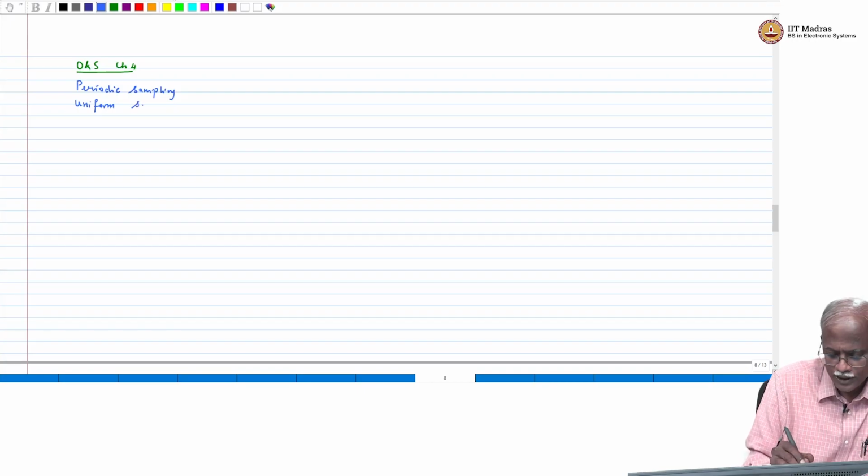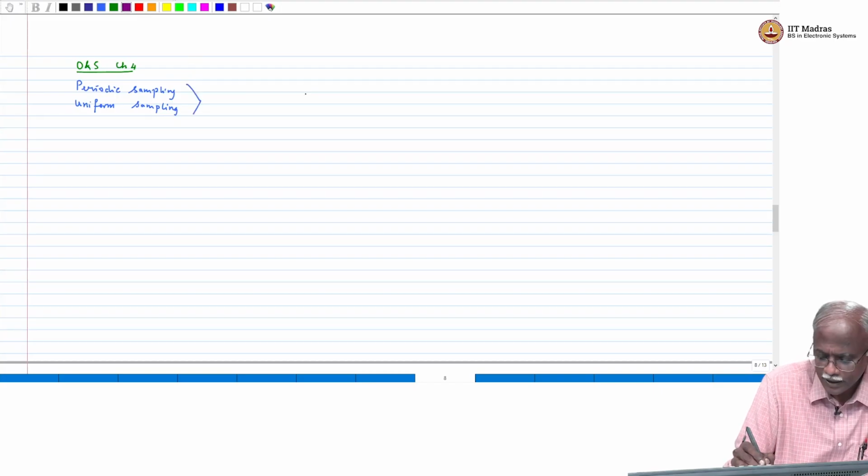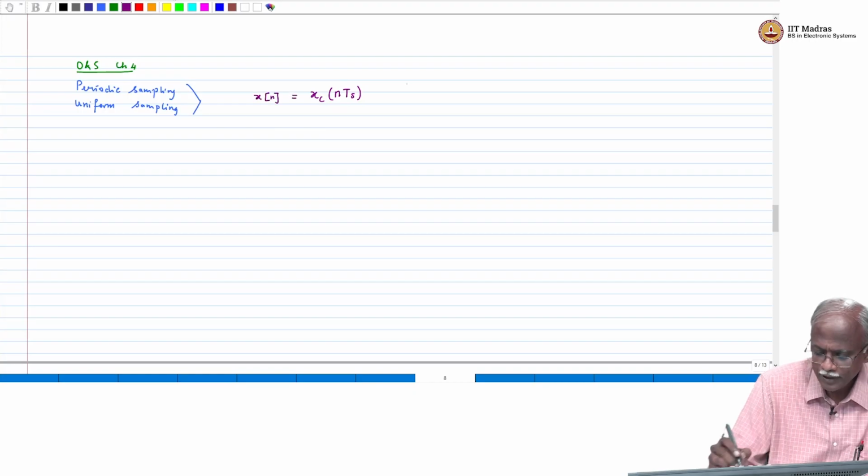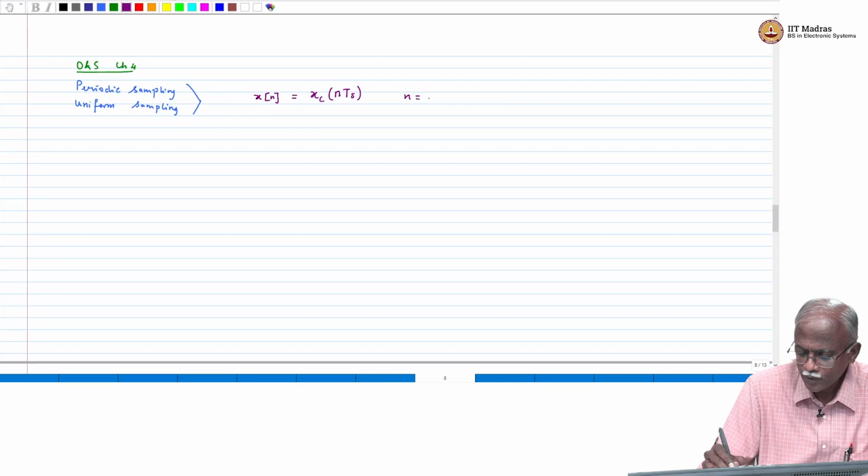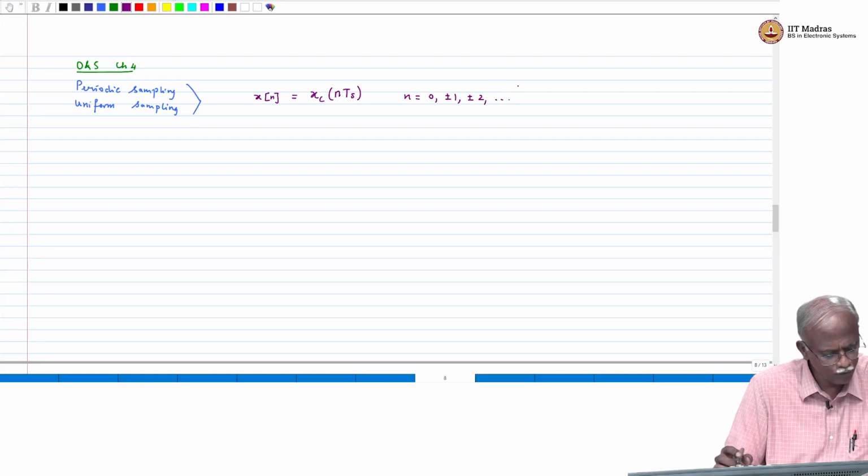So uniform sampling, and this sampling process is done by taking the continuous time signal xc of t and evaluating it at multiples of Ts. This becomes our sequence x of n, and n is equal to 0, plus minus 1, plus minus 2, and so on. So basically this is the process of sampling.